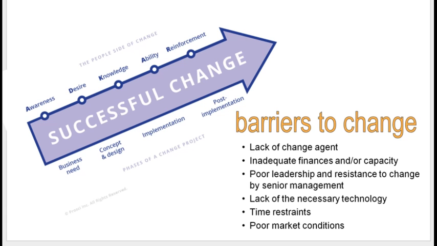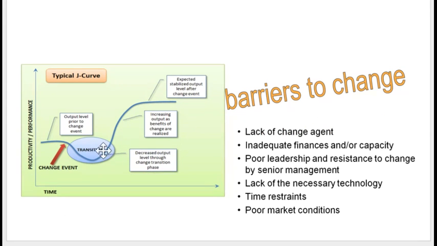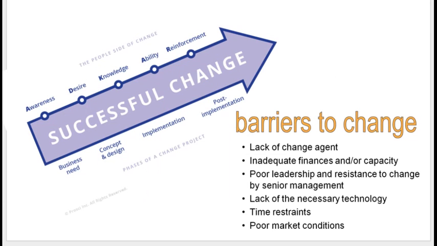Give them the knowledge and the tools, where knowledge and ability come together, so they can actually implement, and then reinforce it. This is where a lot of things get dropped because implementation can be scary and stressful, and if we don't reinforce it, we're going to see those dips. So reinforcement, whether that's having post-implementation meetings or really talking about what went wrong, means next time you do something new, you can do it even better.